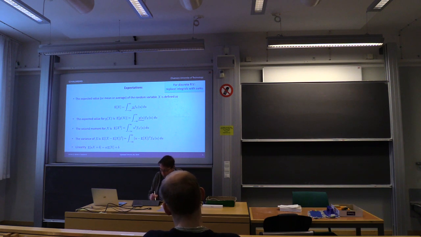Second moment of something is the expected value of the square of the random variable. And again, this is a particular function g, namely the square. So instead of g of u here, we simply write u squared. So that's the second moment.